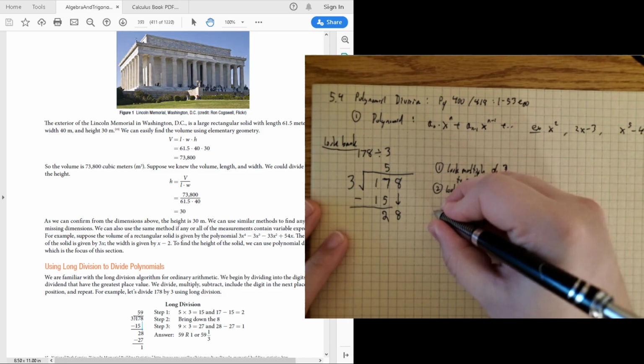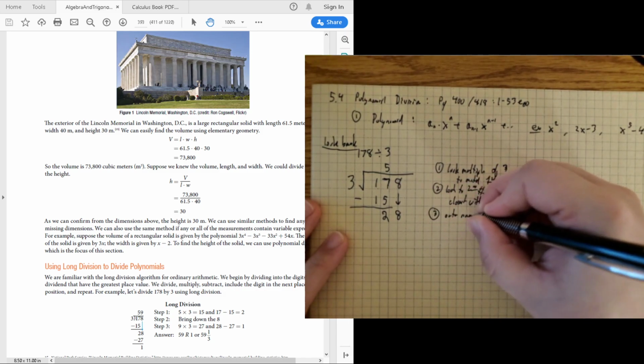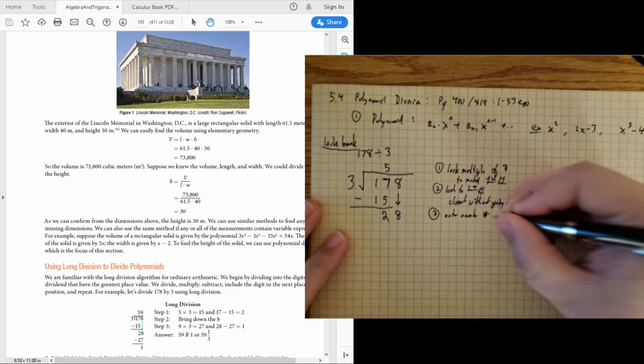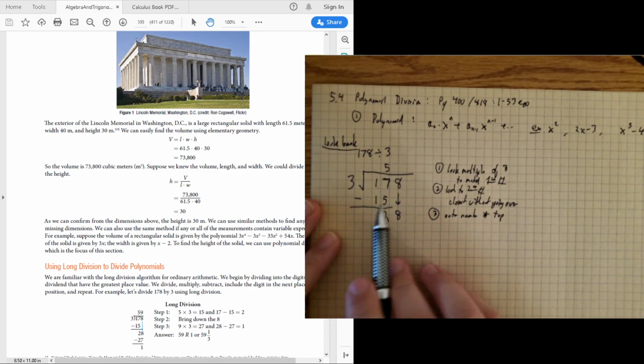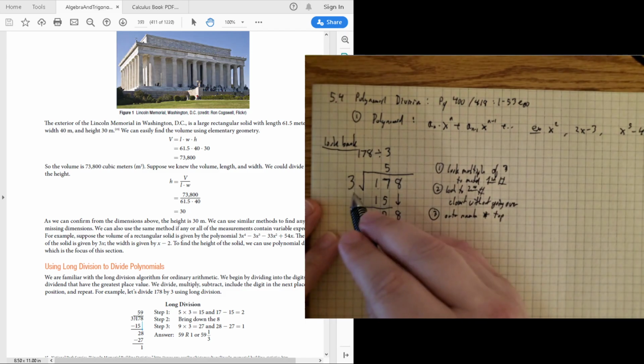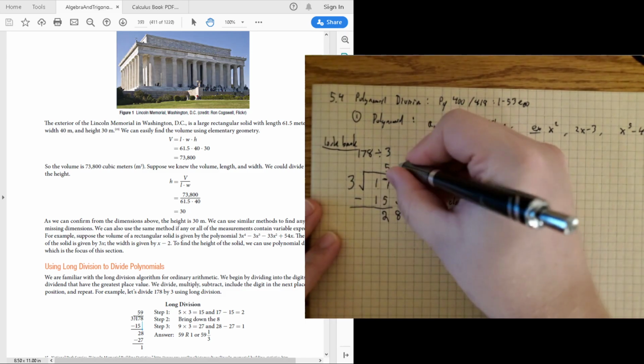And what we do is we take the outer number times the top number. So we took 3 times 5 to get 15. And our next number is going to be what we have to multiply 3 by to get close to 28 without going over 28. So in this case, that's 9.